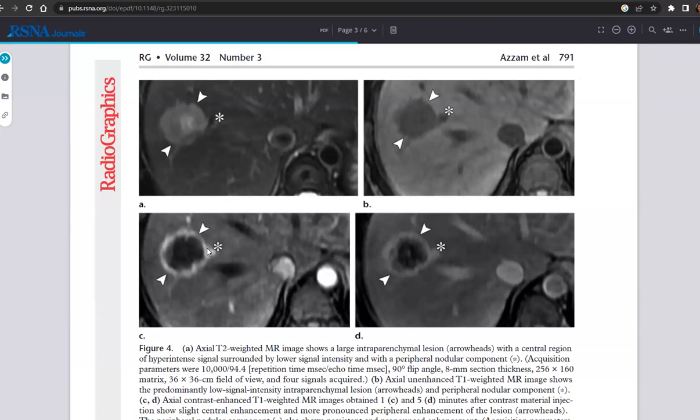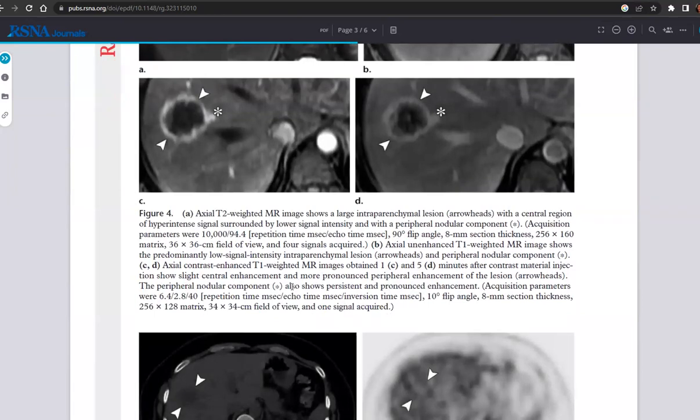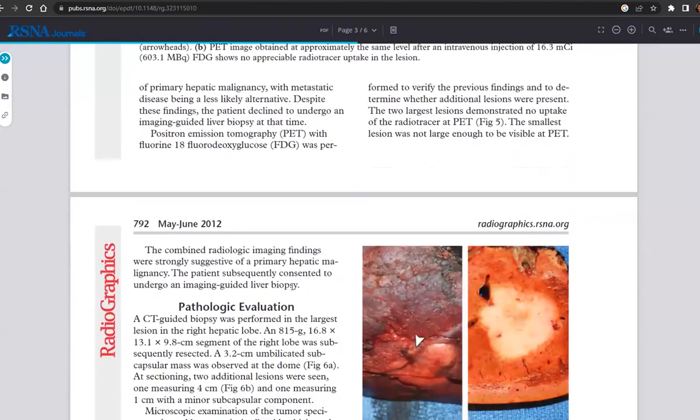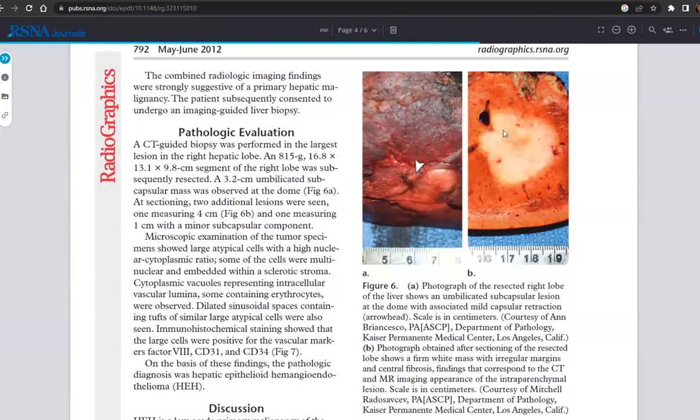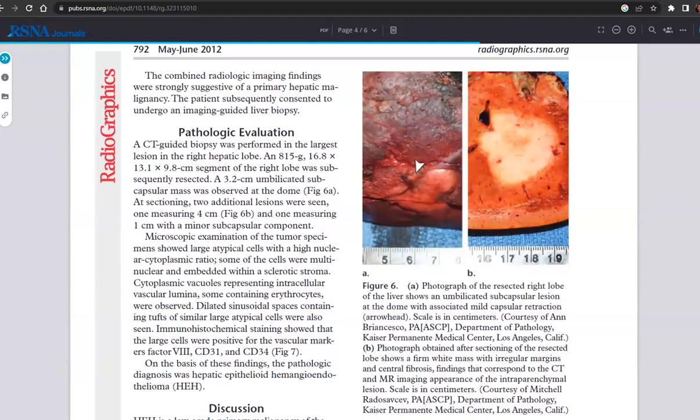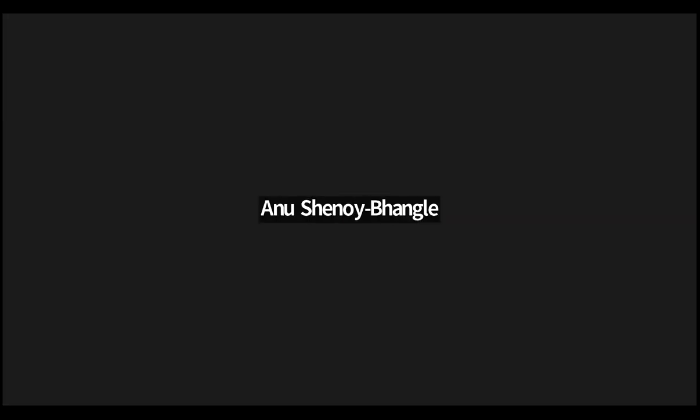And the lollipop sign, but there's an even brighter central T2 part and then an intermediate T2 halo. They can cause capsular retraction, like we saw in my case. And these are just some path specimens. I thought this was a really nice case of the classic appearance.